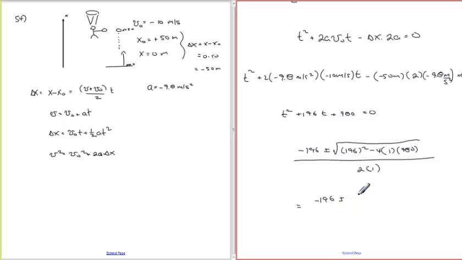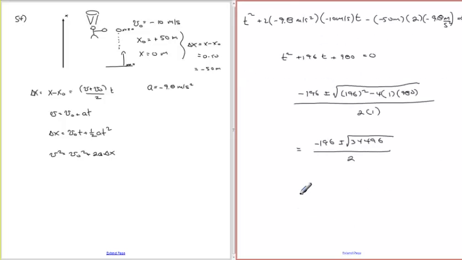So let's see what we get inside. 196 squared minus 4 times 980 is, so we get the square root of 34,496, over 2. And we just take the positive square root, because if we had negative, we'd end up with a negative time, which we can't have. So there's only one positive solution.